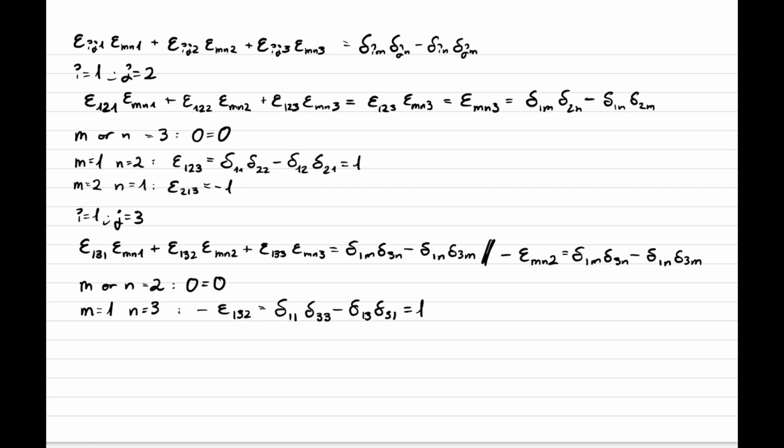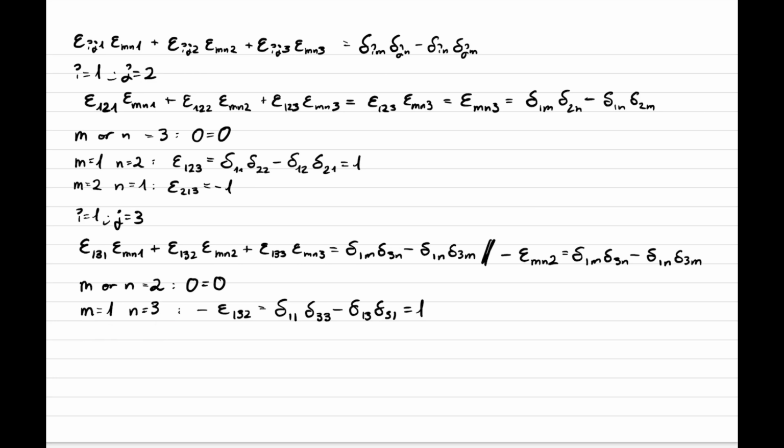And we can see that this is true because epsilon 132 is an odd permutation, so this is going to be minus 1, and minus 1 times minus 1 is just plus 1. So for this case of m equals 1 and n equals 3, the formula works. And as we said previously, we can swap the roles of m and n, and this will still hold.